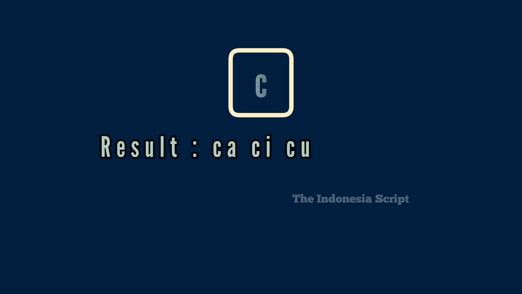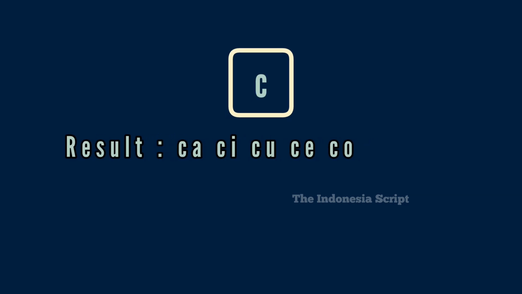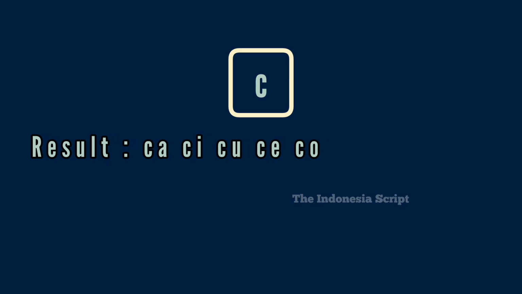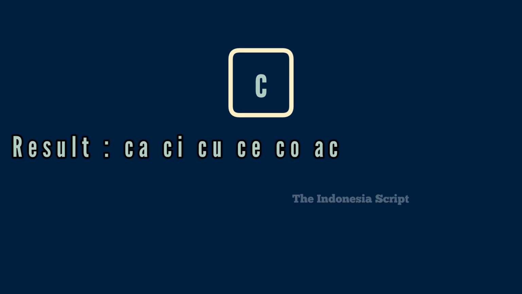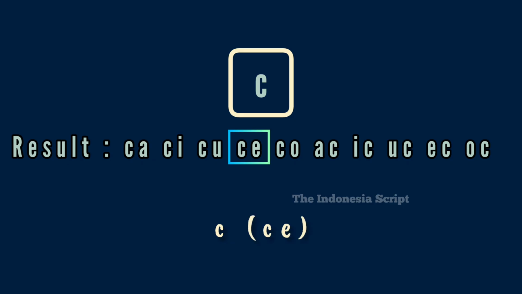From the first combination, we will get cha, chi, chu, che, cho. And from the second combination, we will get ach, ich, uch, ech, och. One of the results we get is the syllable che, which is the syllable used to pronounce this voiceless letter.